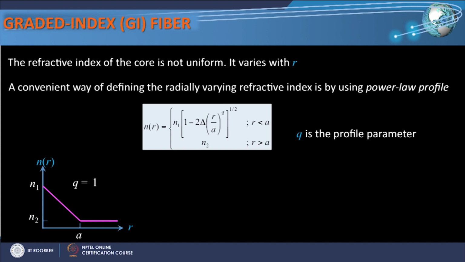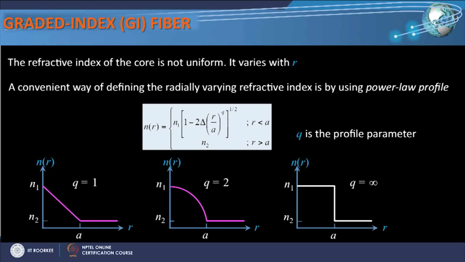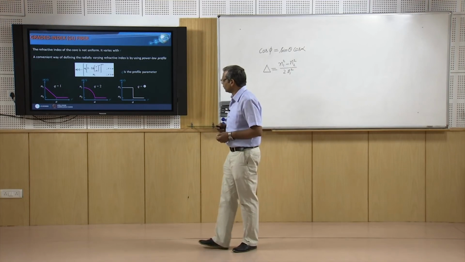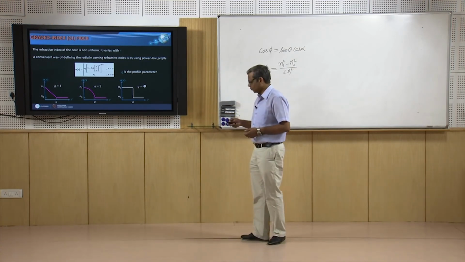If q is equal to 2, then this decrease is like this in parabolic fashion. Then this fiber is also known as parabolic index profile fiber. And if q is infinity, then this is nothing but a step index fiber. So, very large values of q will give you a step index profile.